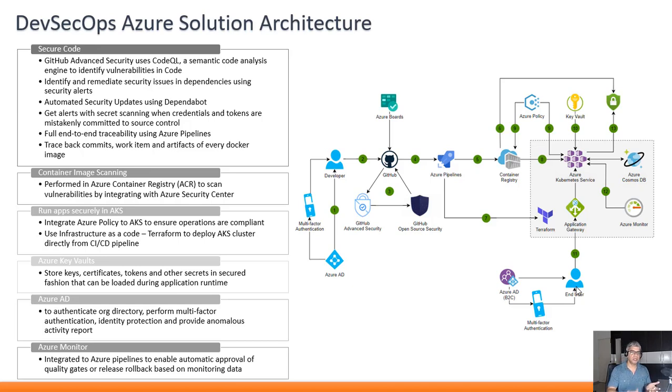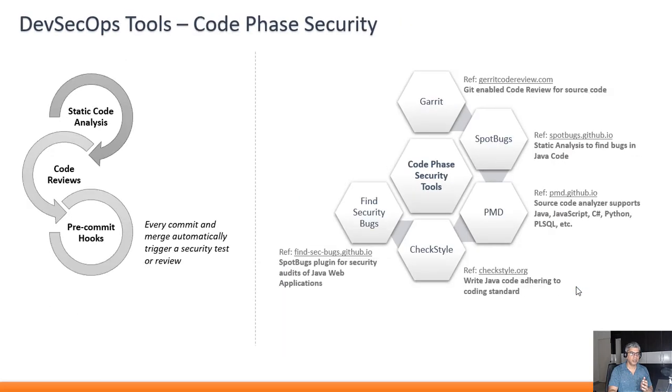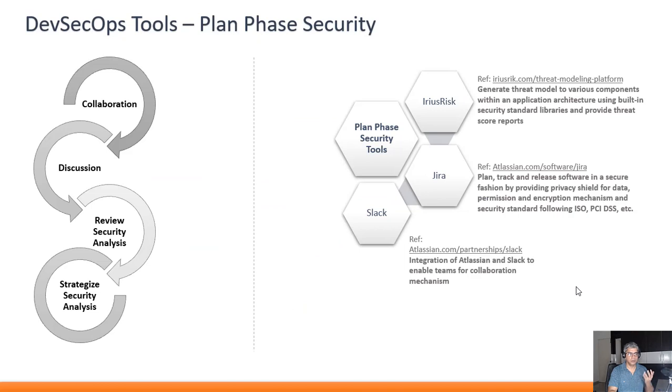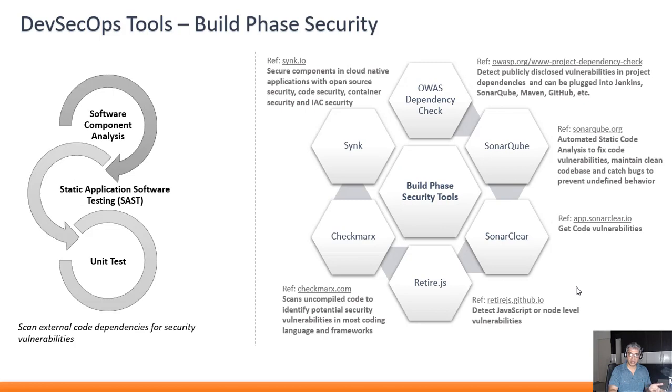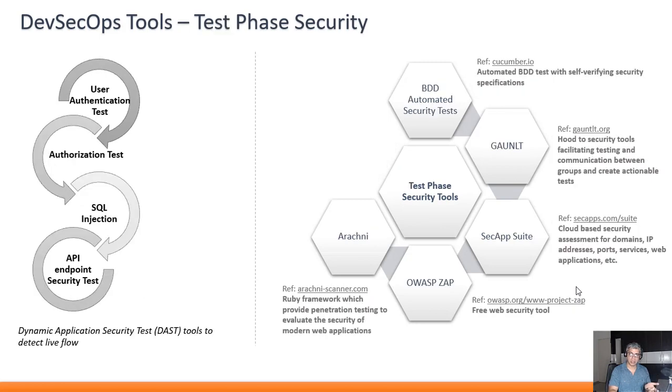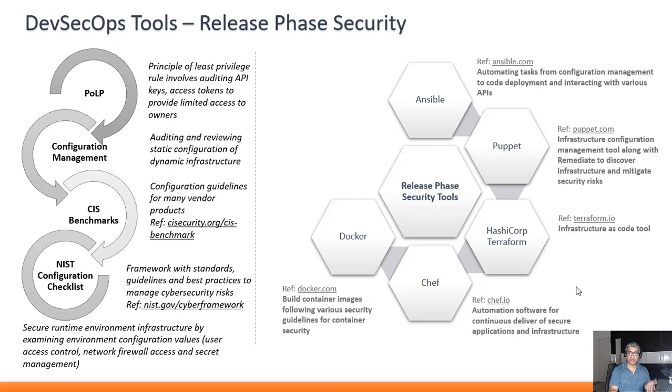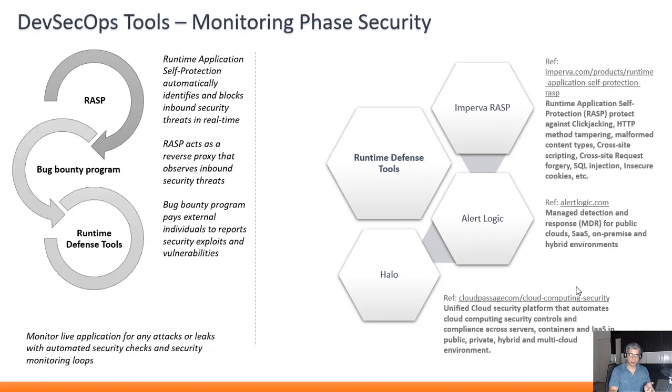As I have mentioned, these are the different phases of security. You start with planning. You implement security in coding, in building the code, in testing the code, and during the release of this piece of code.